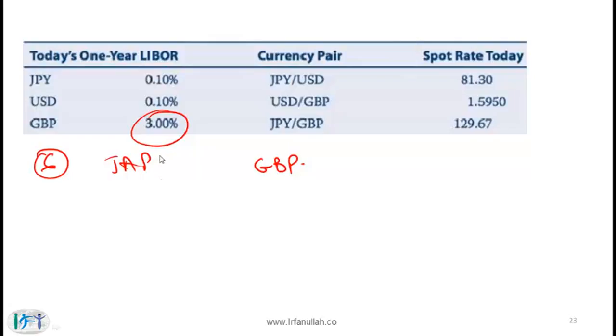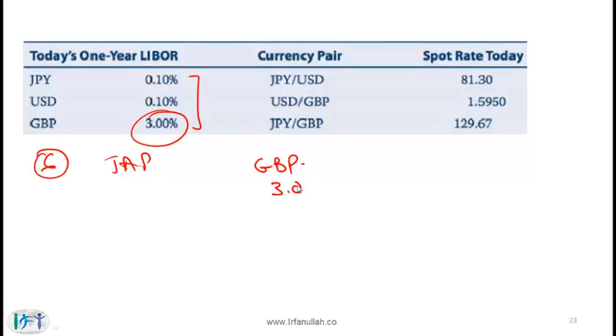But if you are fully hedged, you don't need to worry about exchange rate risk, because you already know upfront that from an exchange rate perspective, the GBP is going to lose value. Lose value by how much? The difference of these two numbers, which is 2.9%.